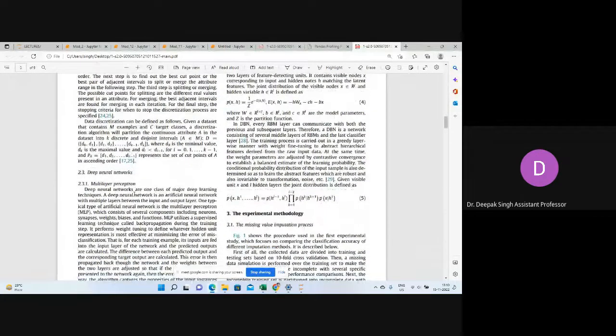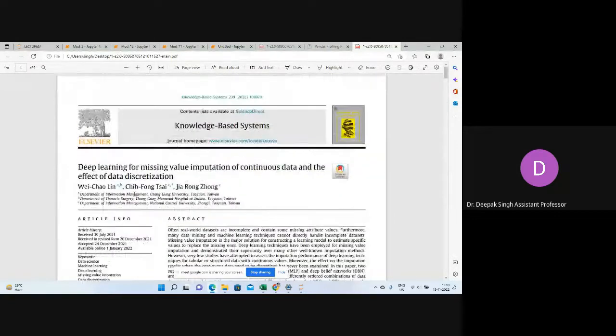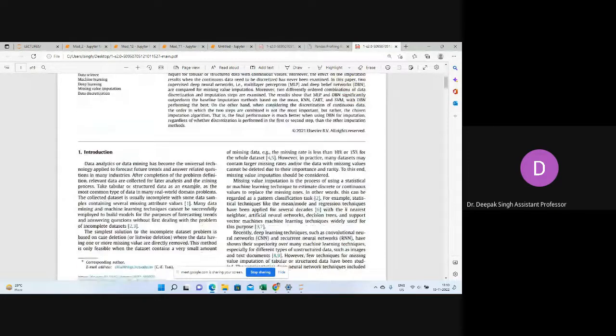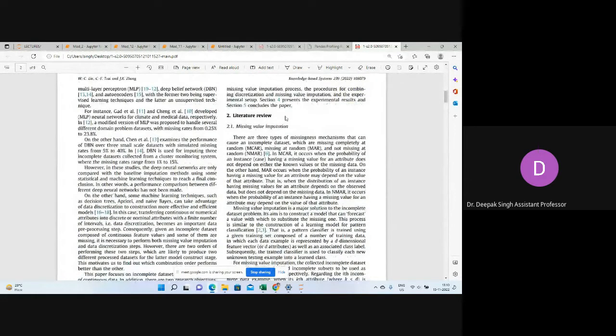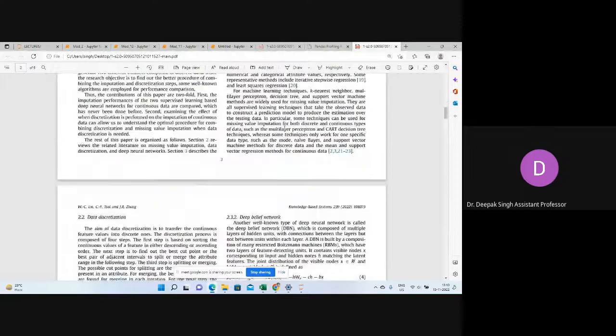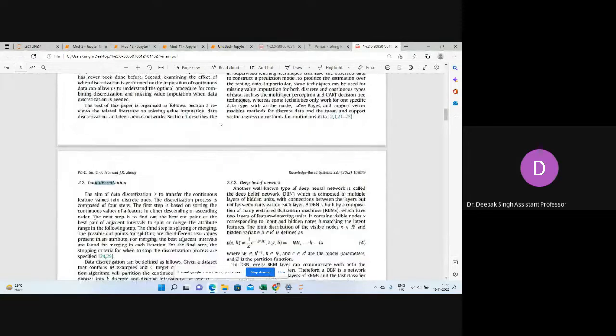Then they have deep neural networks, because the title is focusing on missing value imputation, data discretization, and deep learning. In the deep neural network, they have worked on two networks, multi-layer perceptron and deep belief network.